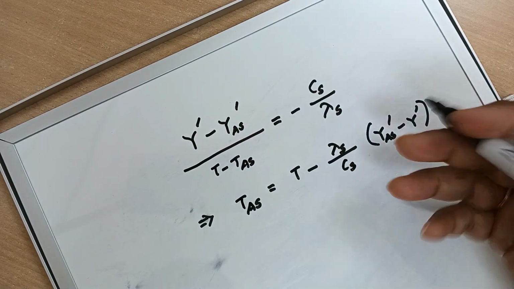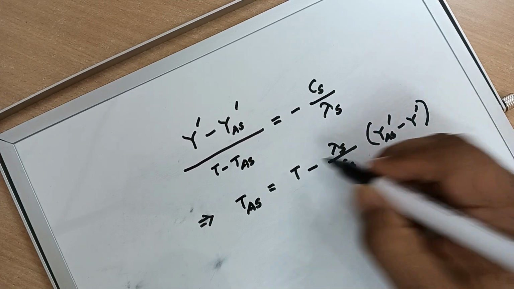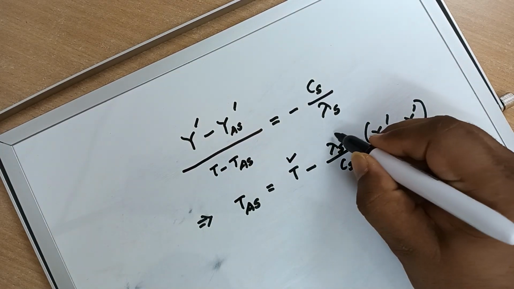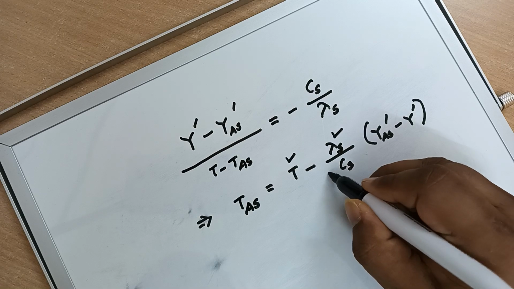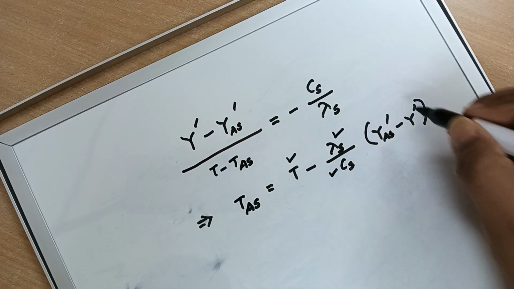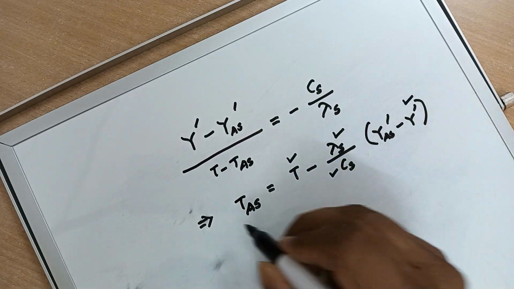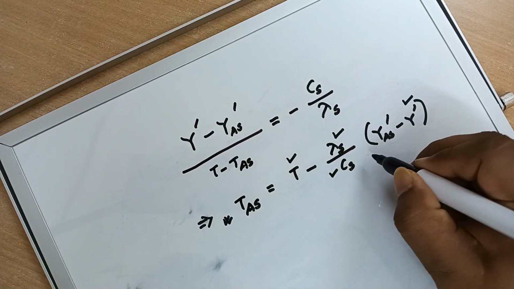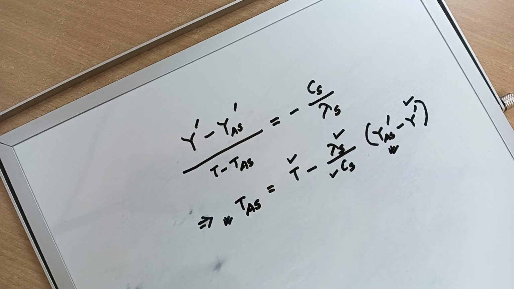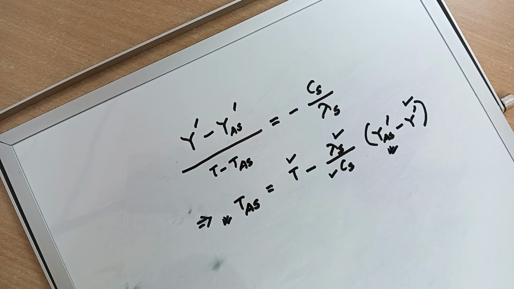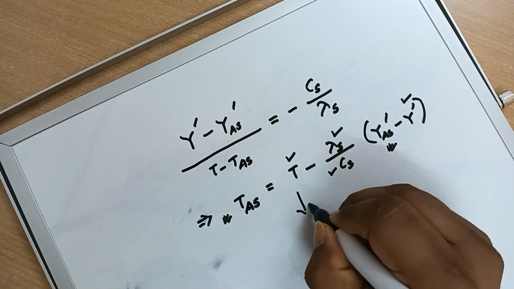Once the air condition is defined, the dry bulb temperature is known, lambda s is already known, humid heat can easily be found, and the absolute humidity value is already given. You are supposed to find the adiabatic saturation temperature and the corresponding saturation humidity. It seems it's a single equation with two unknowns, so straight away you cannot solve it, but there is an alternative method: solving it via trial and error.